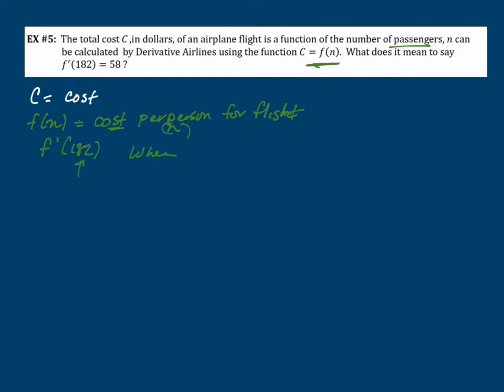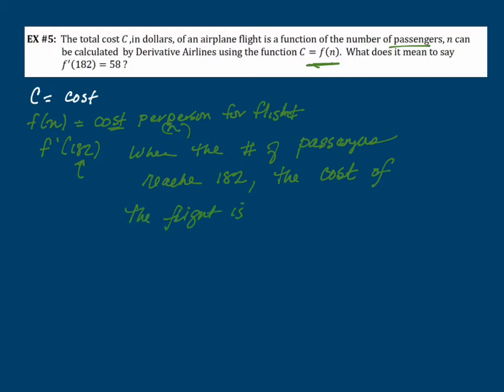Remember, we always say when: when the number of passengers reaches 182, the cost of the flight is, and now it's 58, right?